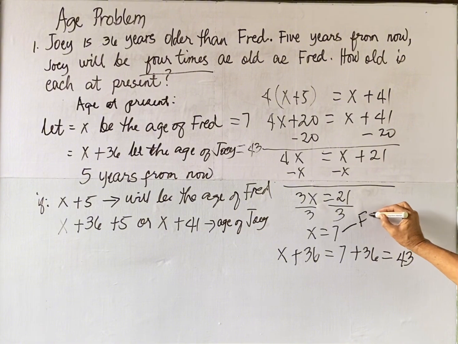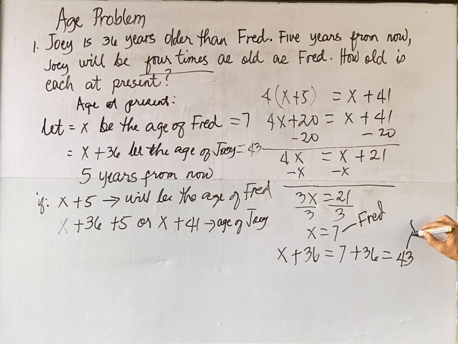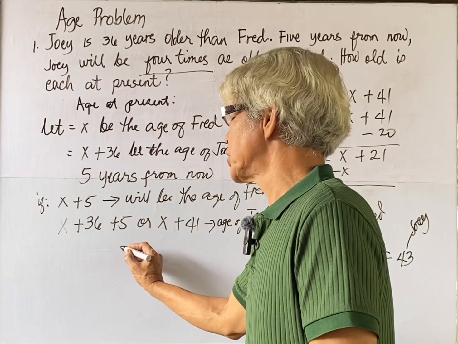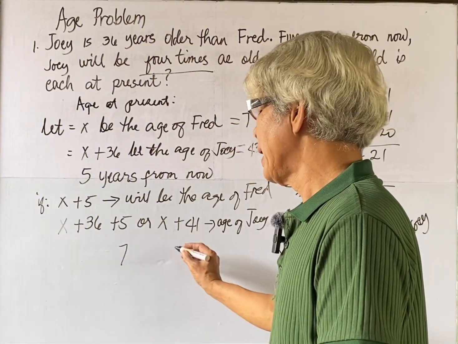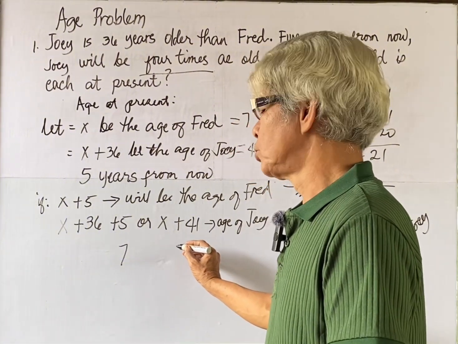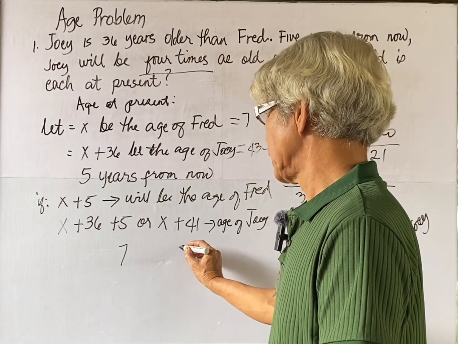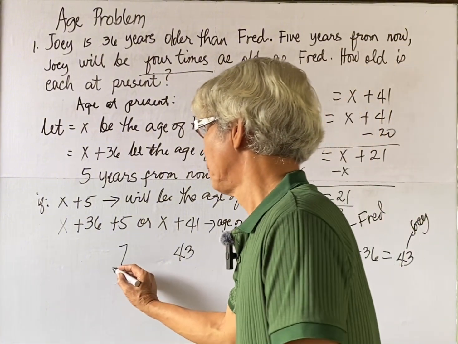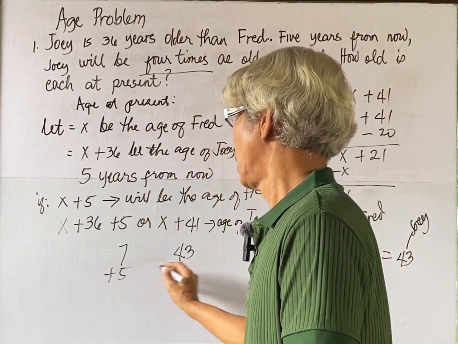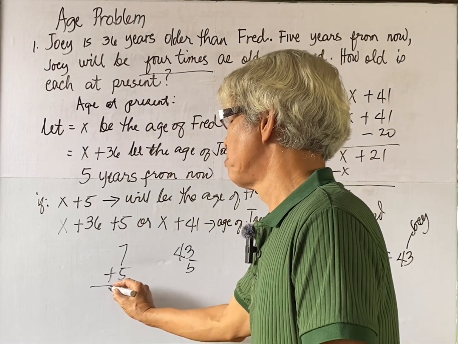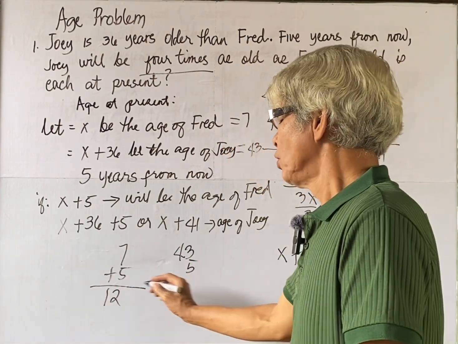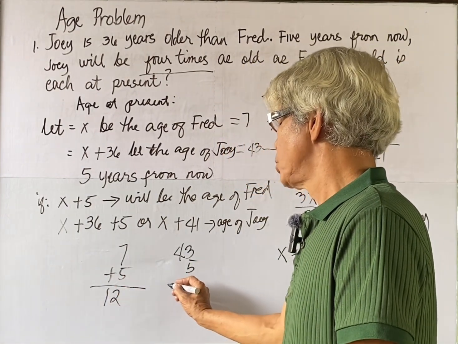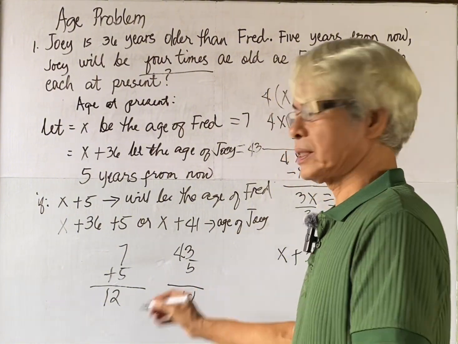This is Fred. This is Joey. Let us check if it is true. If Fred is 7 years old now and Joey is 43 years old now, 5 years from now Fred will be 12 and Joey will be 48.